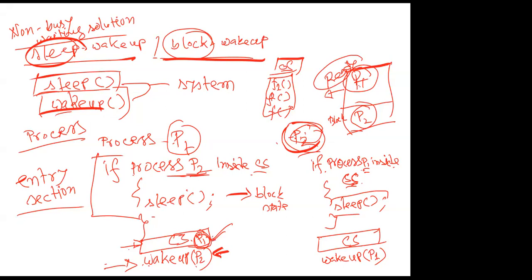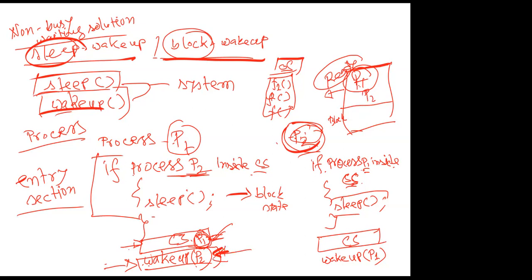Process P1 will complete its execution. Then it will wake up process P2. Once it wakes up, process P2 will move into the ready state. Wake up means it moves back to the ready state. So process P2 moves from block state to ready state after process P1 calls the wake up system call.